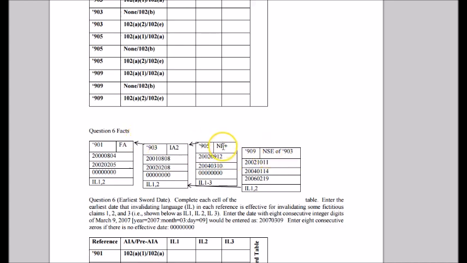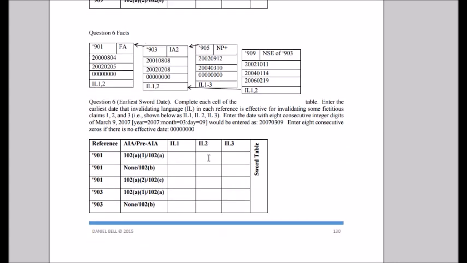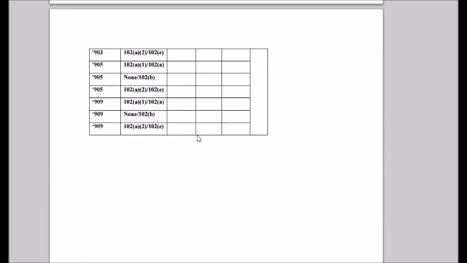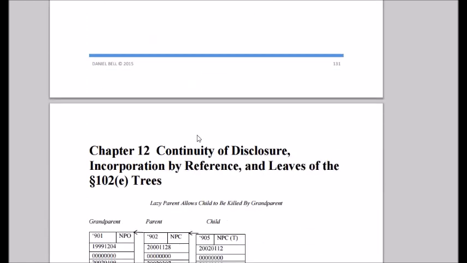Here we have a continuation. And then you have different invalidating language present in the family when, for example, language from claim 3 was introduced, and therefore it has an earliest effective filing date in this continuation, and all of that's used to help determine the dates in the sword table. It's very technical. It's very hands-on.